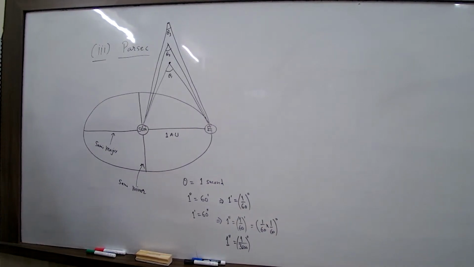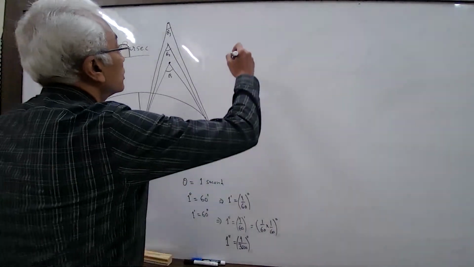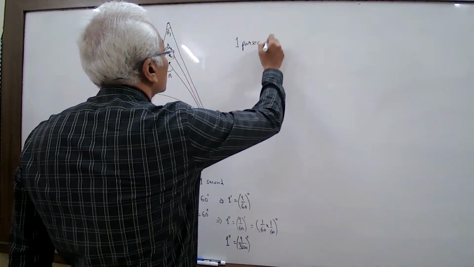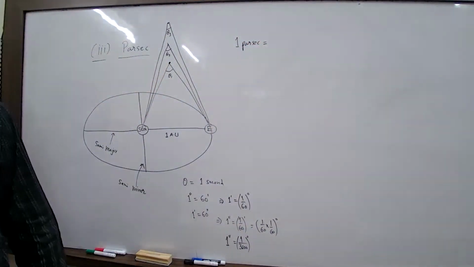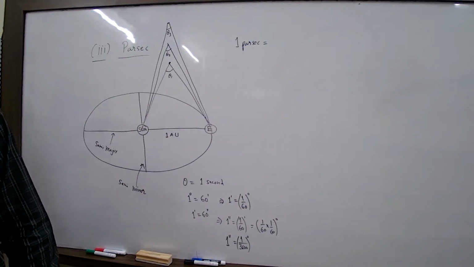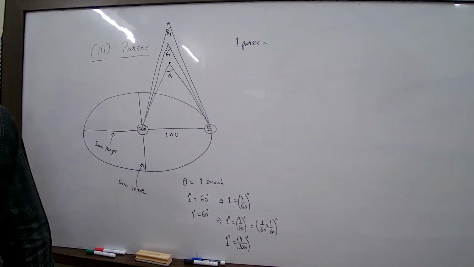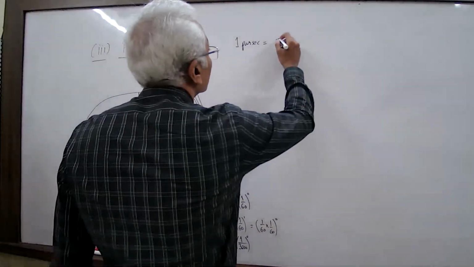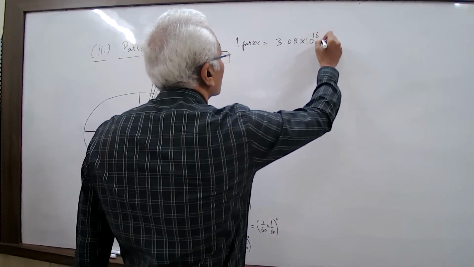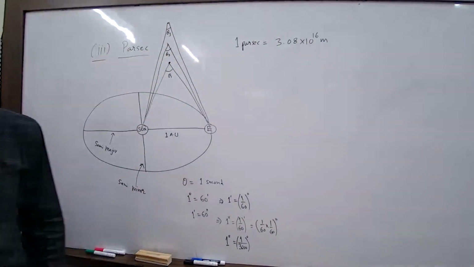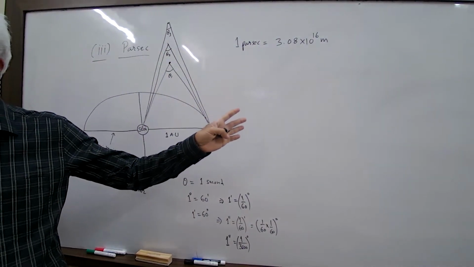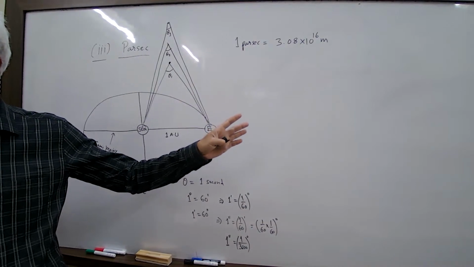Okay, so when you calculate it, you get 1 parsec is equal to 3.08 into 10 raised to 16 meters. So you need not bother about the calculation. Nobody is going to ask you to calculate.